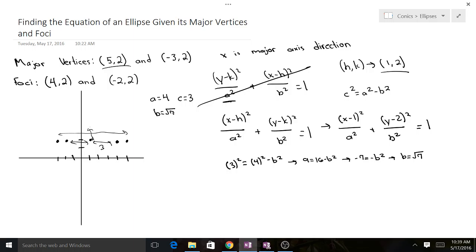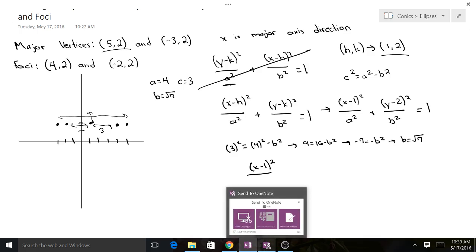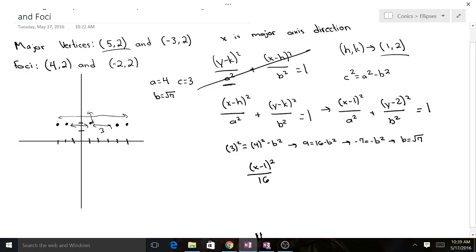Our final equation is (x - 1)^2 over a^2, which is 4 squared, which is 16, plus (y - 2)^2 over b^2, which is the square root of 7 squared, just 7, equals 1.